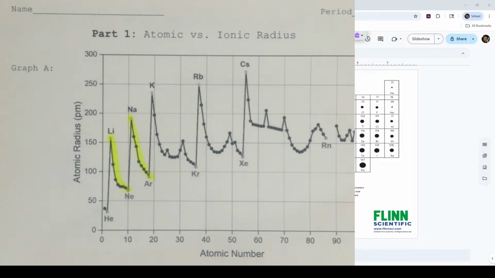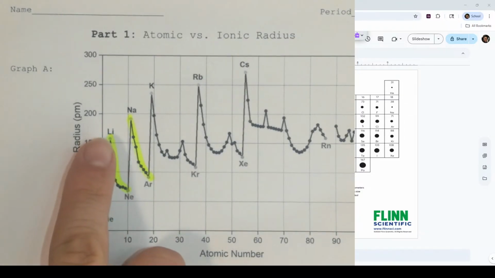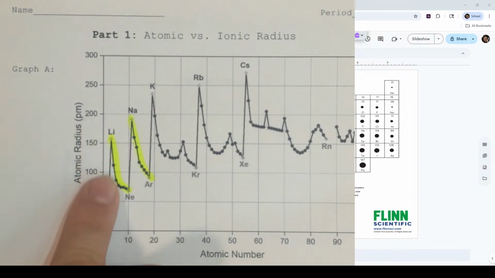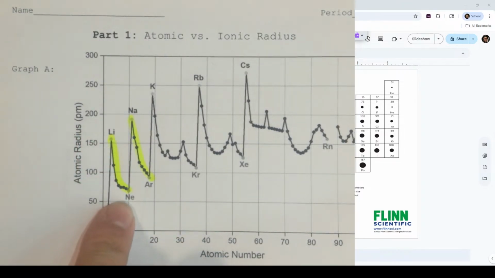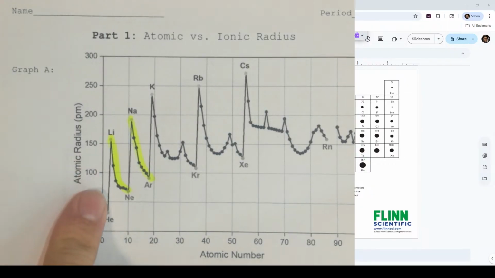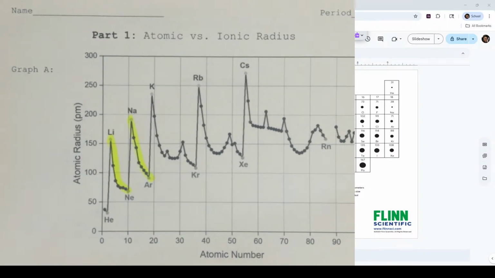Now, notice that as my atomic number gets bigger, as I move further to the right, my radius gets smaller. There's a big jump between lithium and beryllium, and then it keeps going down, a little bit less each time, until I get to neon. And then it jumps back up as soon as I hit sodium, because that's the next row on the periodic table. I've got another valence shell.